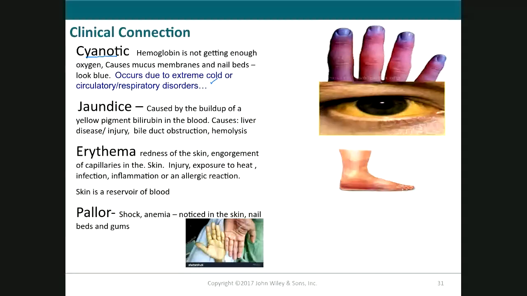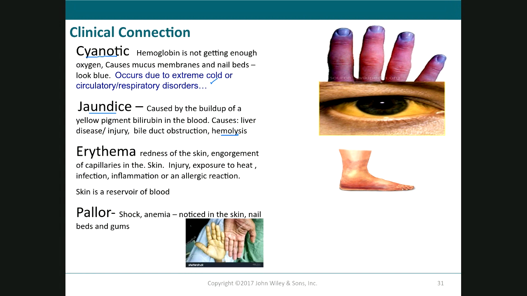Jaundice is another condition we see. This is where we have the buildup of a yellow pigment, bilirubin, in the blood, often caused by liver disease or any kind of obstruction to the bile ducts or excessive blood cell breakdown or hemolysis. And often these patients will have this yellowish green tinge to their skin, often seen in the sclera of the eyes.